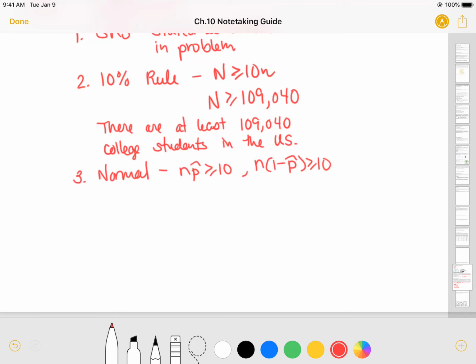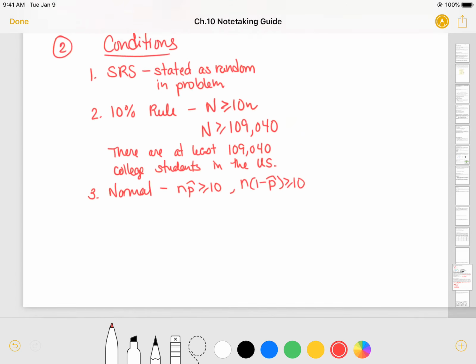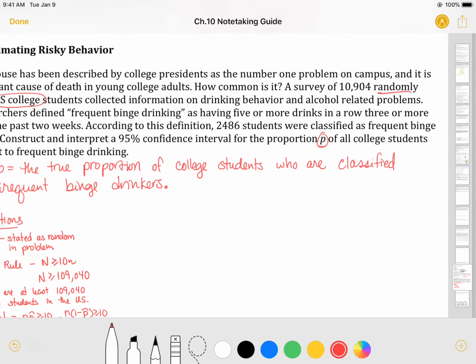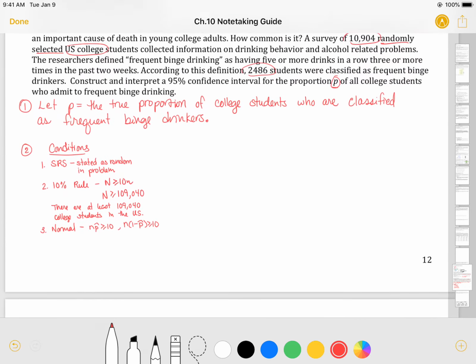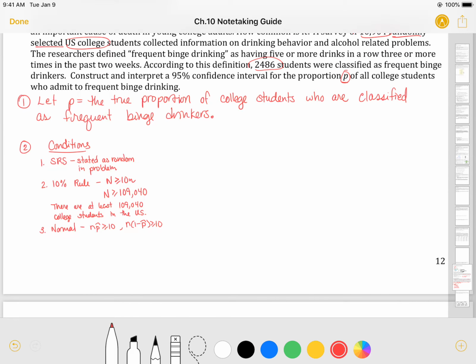Just as a little side note, we took a random sample of 10,904 students, and of those, 2,486 admitted to following this definition of frequent binge drinking. So we're defining our success as frequent binge drinking.